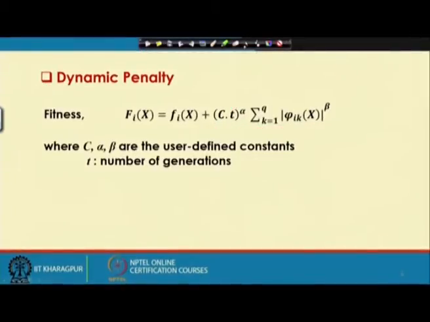That means initially we may allow a few infeasible solutions, but with time, with iteration, we should be more strict and put more penalty on infeasible solutions, so that ultimately we should not get any infeasible solution in the population of the GA. Now, once again I will be solving a numerical example to show the importance of this particular penalty calculation.